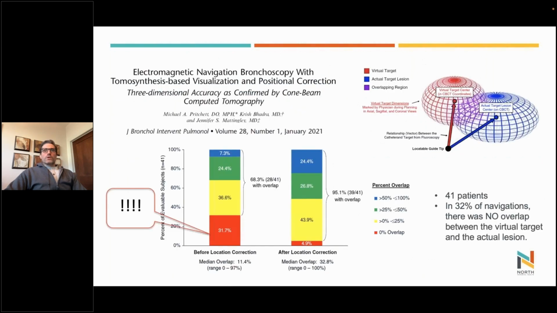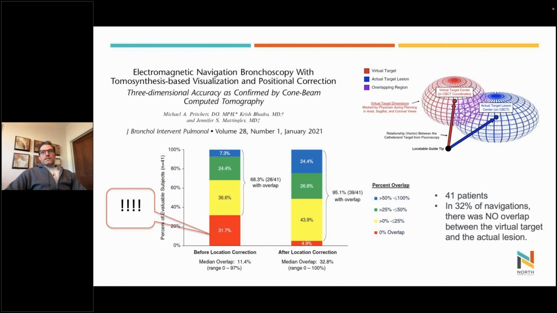And this is even more important, as they showed intraoperatively, when they're actually confirming where their tools are going with a cone beam CT or tomosynthesis-based CT or a C-arm, that 31% of nodules don't have any overlap with where they were virtually laid out on the screen preoperatively.